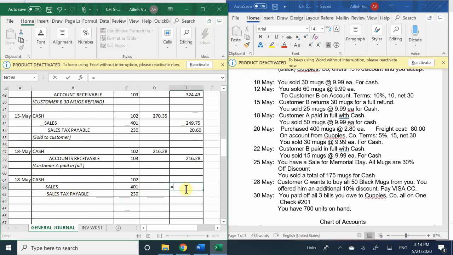50 mugs at $9.99 each. Okay. So I got $499.50. Yep. The tax amount is 41.21. Okay, good. Add those two together and we'll get the cash amount of $540.71.